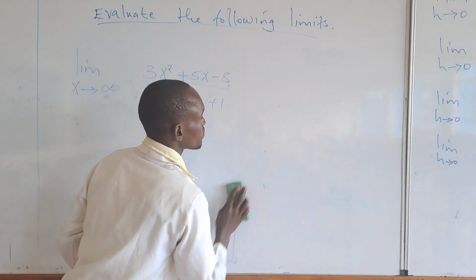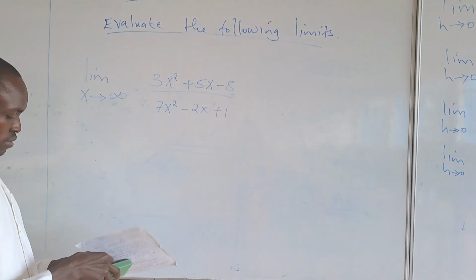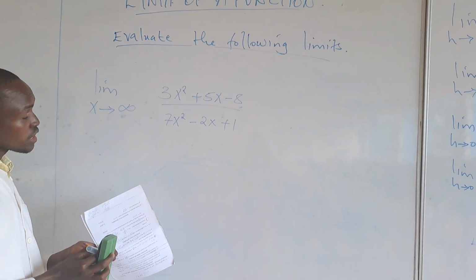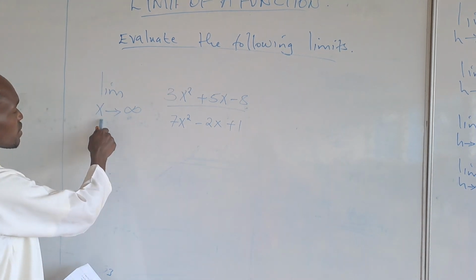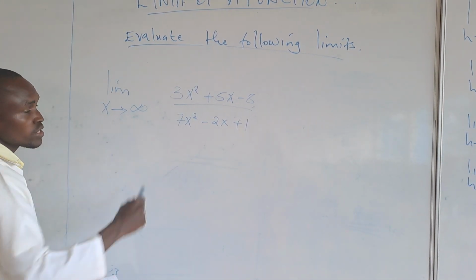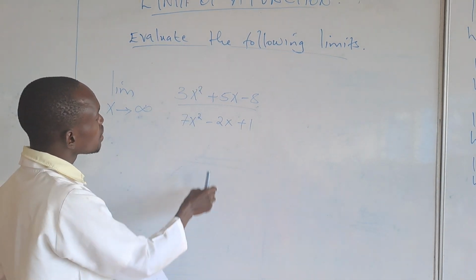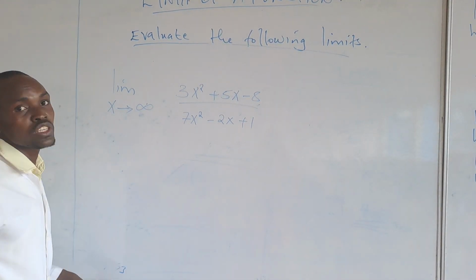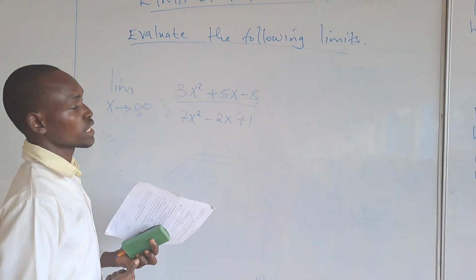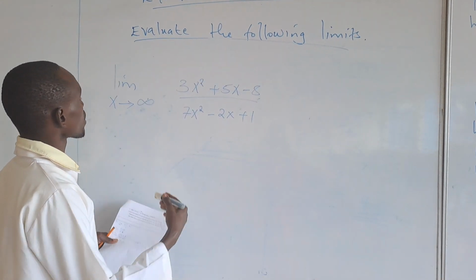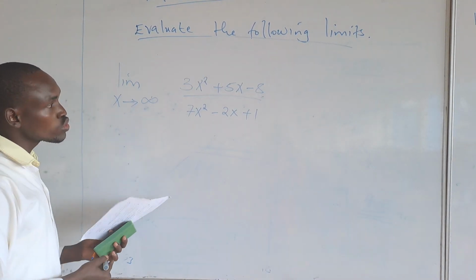Now, in this example, you will realize that our limit value of x tends to infinity. And if we replace this directly here, infinity over infinity will be undefined. So we are not able to define that. So what should we do?